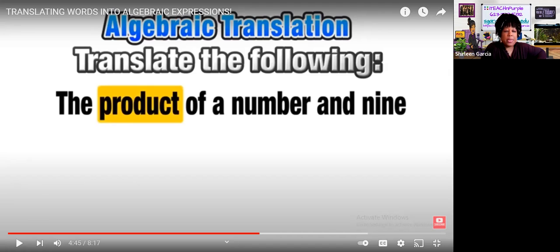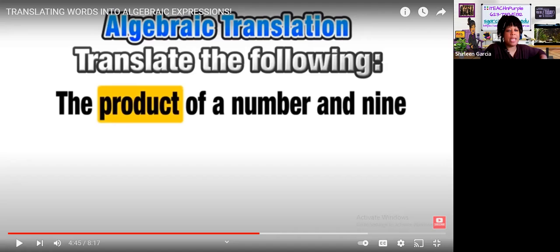So do we need that multiplication again for that 9? If it's saying and 9, what operation am I doing when I'm adding? Yes. So try that one more time. The product of a number and 9.